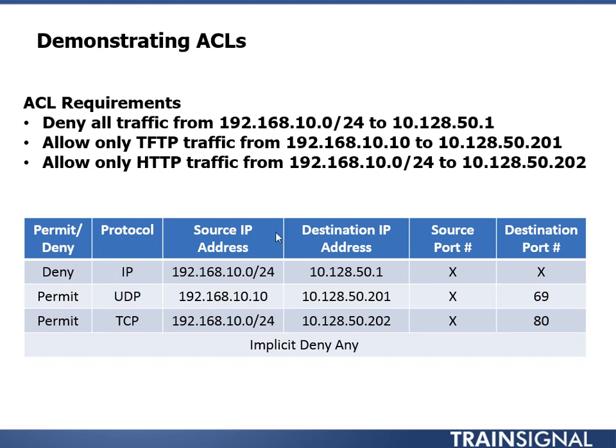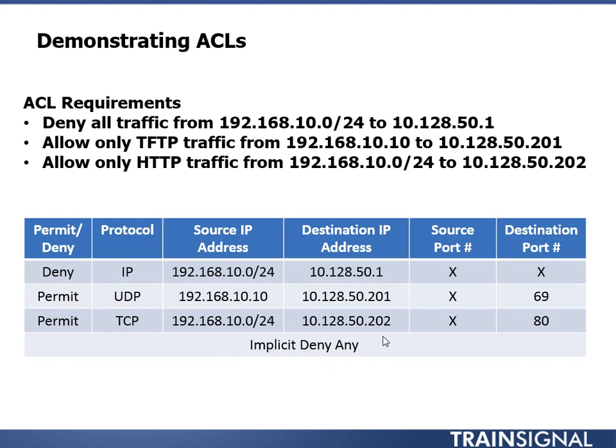Because of this, every single access control list has an implicit deny any at the end. If we accidentally put a bunch of permit statements in our access control list, and the last line is an implicit permit any, that means our access control list won't actually do anything at all. It'll allow all the traffic through.